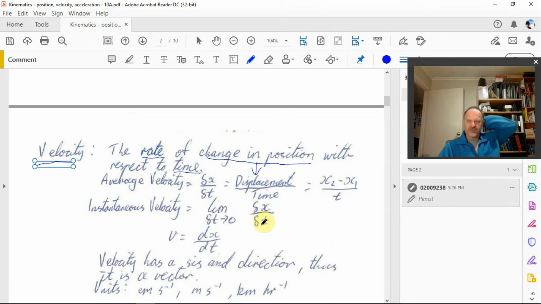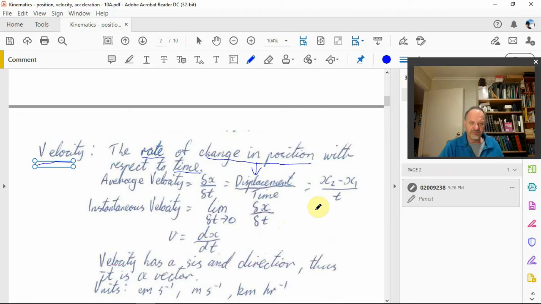Maybe you will, maybe you won't, recognize it from when we did our calculus stuff: this limit of the change in x with the change in t, or the change in y with the change in x, as delta t tends towards 0, is actually the derivative. So the velocity is dx/dt. If you have an expression for position in terms of time, you get the velocity by differentiating. Again, we'll look at that in more detail when we do an example.